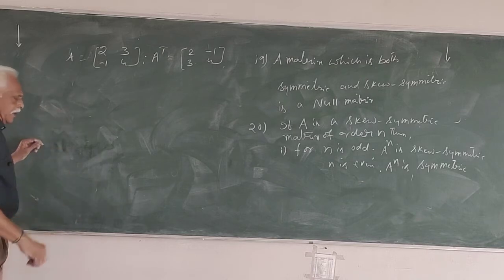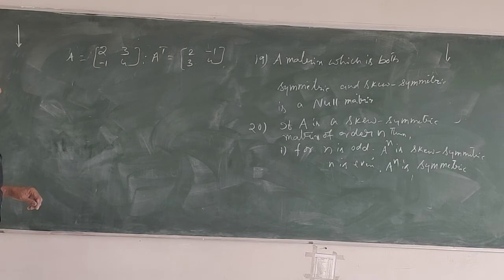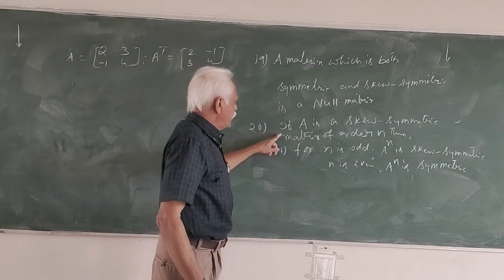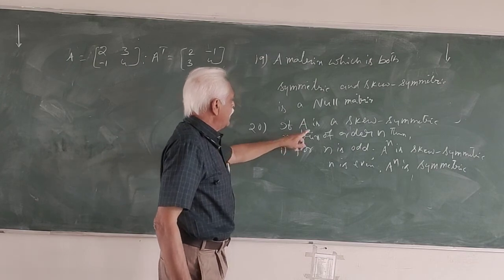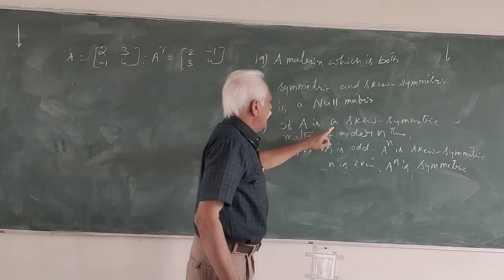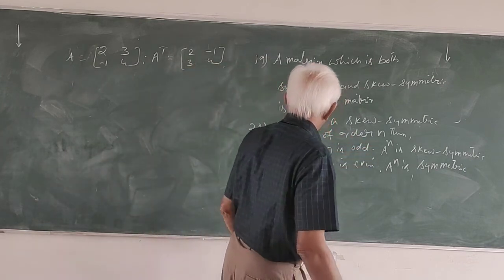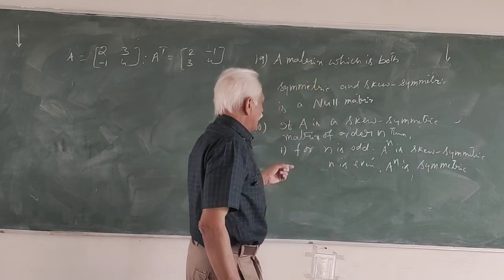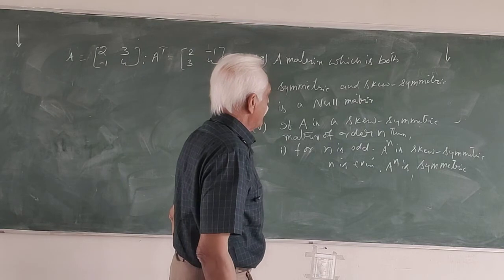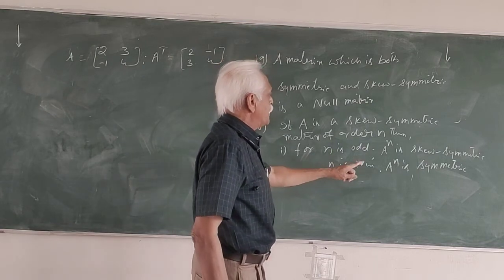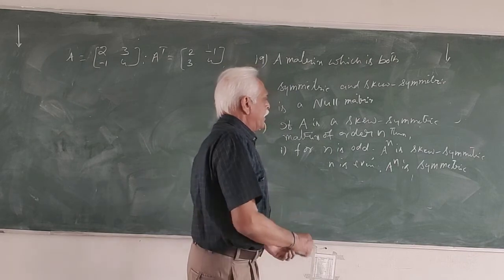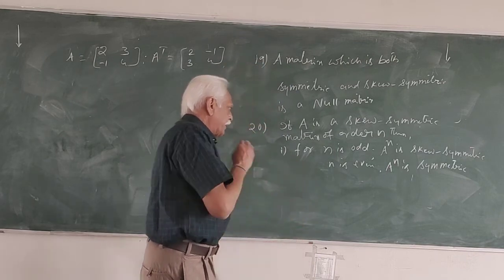Now you have to understand that if A is a skew symmetric matrix of order n, then for n odd, A power n is skew symmetric, and for n even, A power n is symmetric.